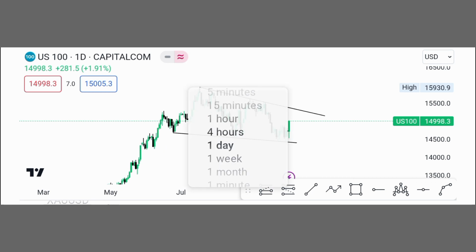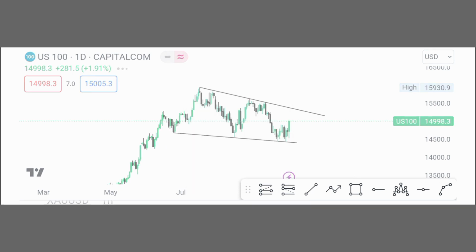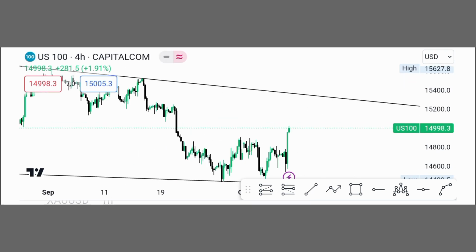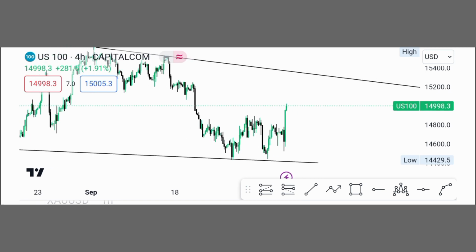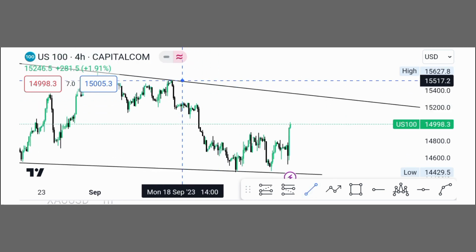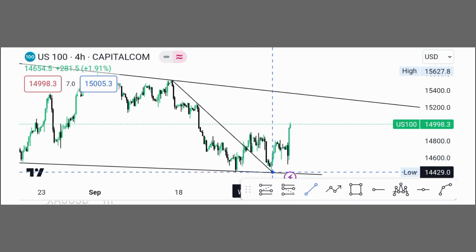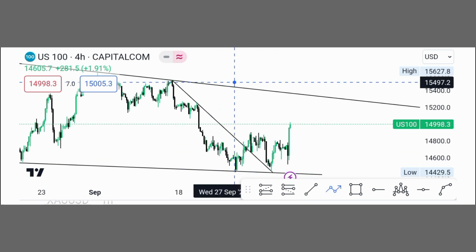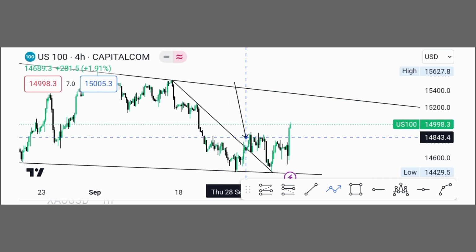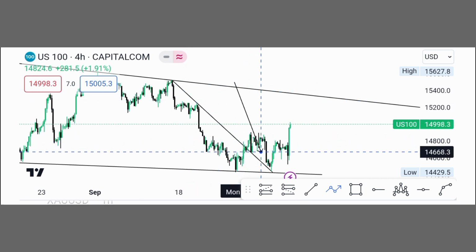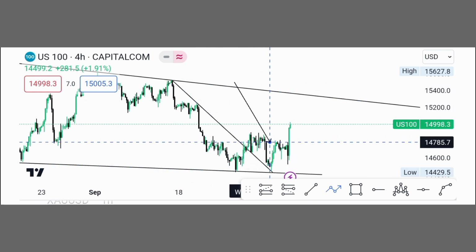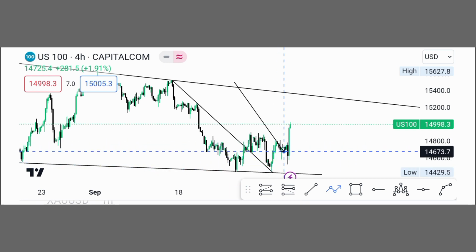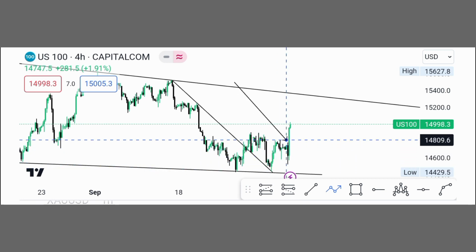Now we're gonna go over to the 4-hour time frame. On the 4-hour time frame, guys, we can see that we had a pattern before, in this type of formation. We had our first touch right here, second touch, then the market broke, retested the first time, retested the second time, then the market bought, gave us a young correction pattern, and now we bought.